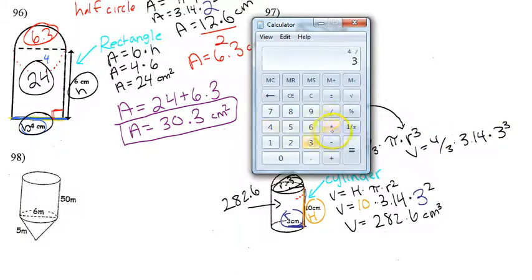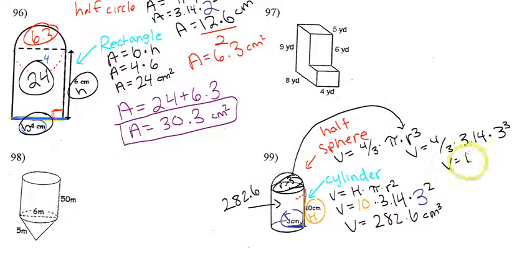4 divided by 3 times 3.14 times my radius 3, and I'm multiplying it 3 times. So 1, 2, 3 equals 113.04. I look at this 0 and say this 4 either rounds it up or keeps it the same. Because that 4 is less than 5, it keeps it the same. The volume is 113.0, and we're in centimeters cubed.